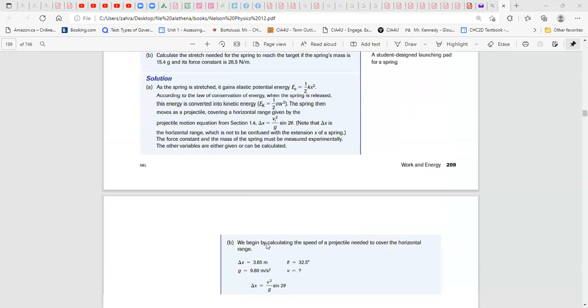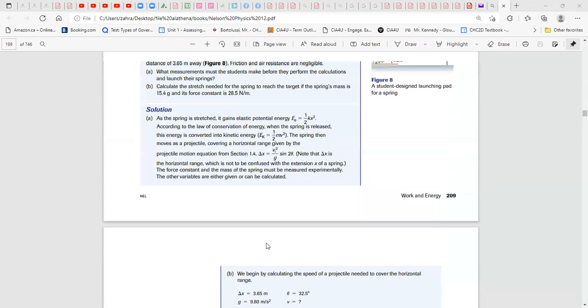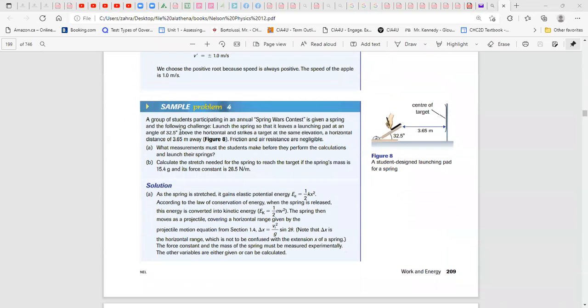So here is another question. A group of students practicing for an inertial spring launch contest is given a spring and the following challenge.